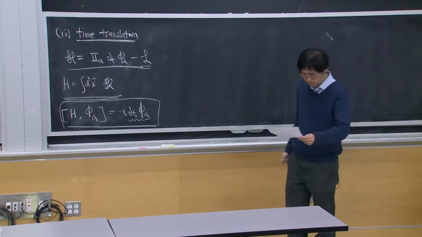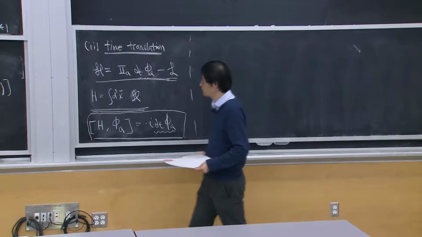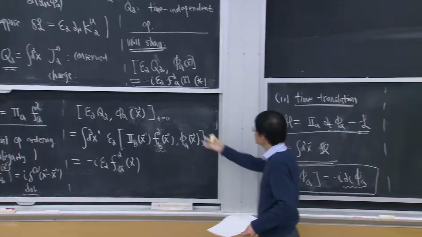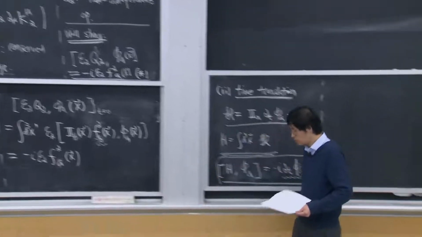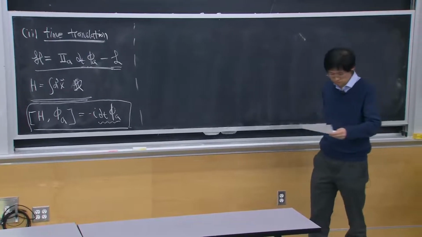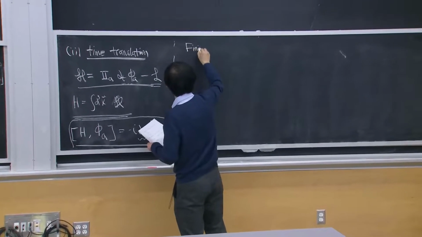Good. So these are infinitesimal transformations. But starting from here, you can actually obtain finite transformations on the field, also using Q. So we can generate finite transformations.